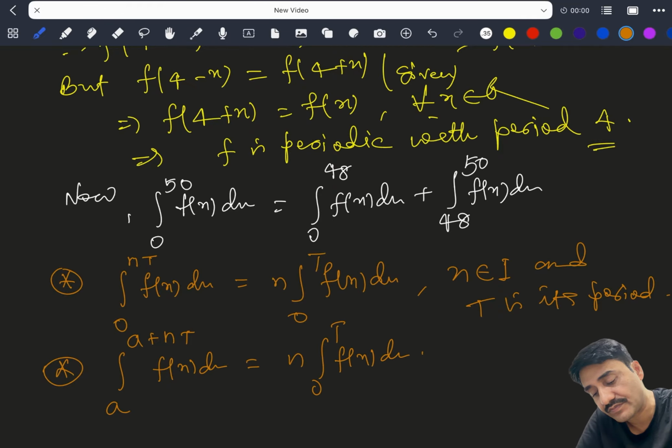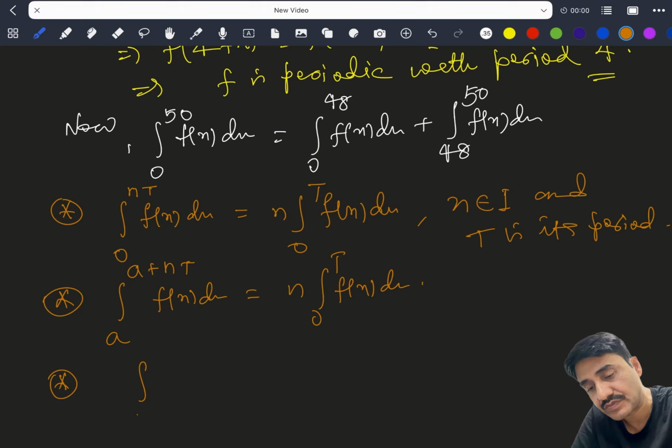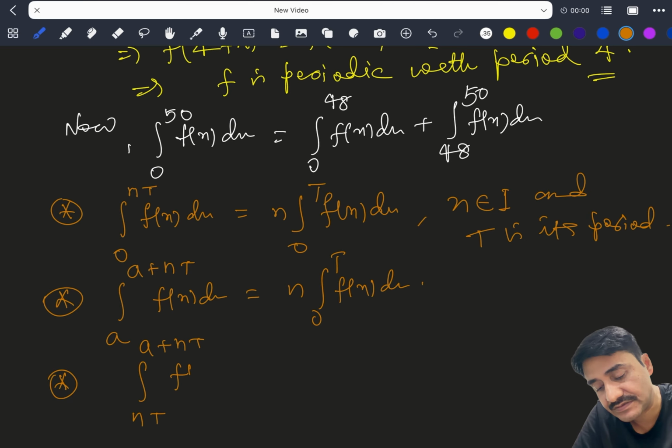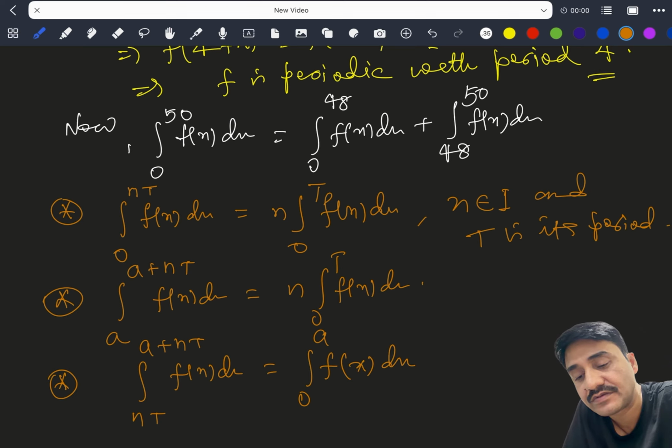One more concept is integration nT to a plus nT f(x) dx. This is equal to 0 to a f(x) dx. We will use these properties in this equation number 1.